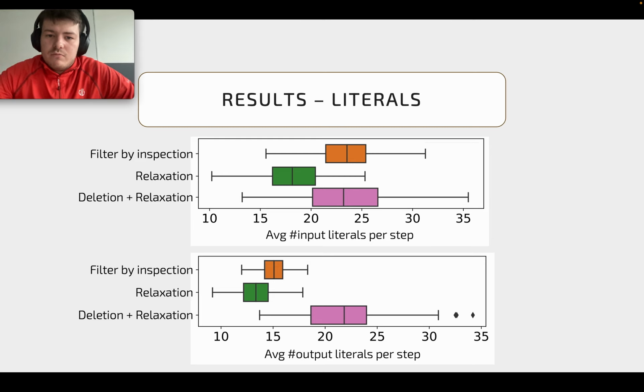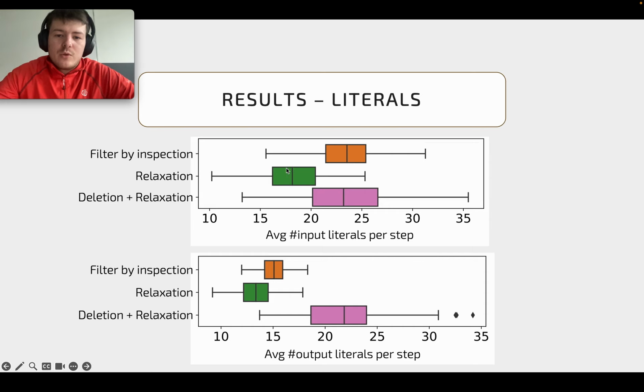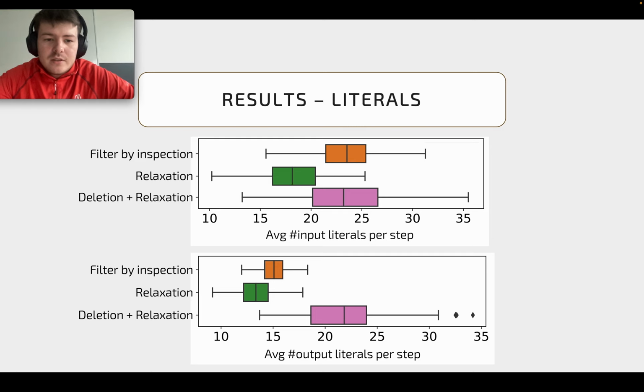Then onto the individual steps themselves. So how complicated is a step, let's say, in terms of input and output? So if you just relax, we get on average about 17 input literals for each step. But interestingly, if we first do deletion and then relaxation, like I've shown in the approach before, then actually we get more difficult steps, right?